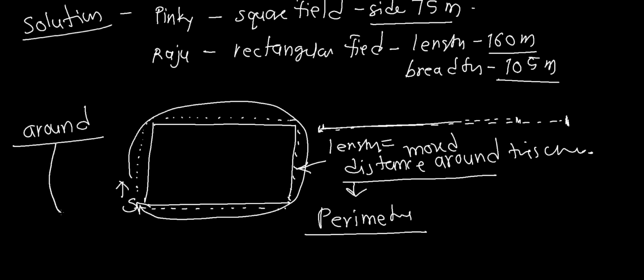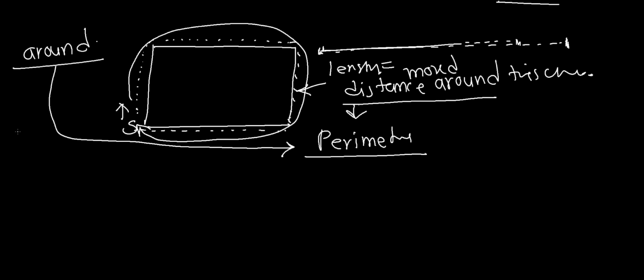So "around" represents, in mathematical terms, moving along the perimeter. The normal day-to-day language word represents this concept in mathematics, perimeter, and based on that we will get the formula, and when we fill in the values we'll get the result. So we have the shapes and the mathematical terms, so we'll move ahead now.